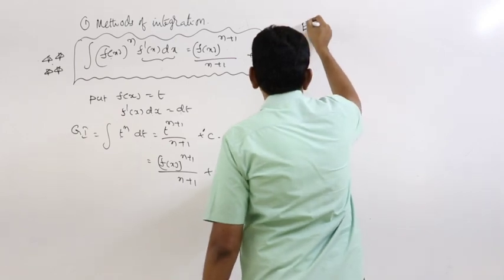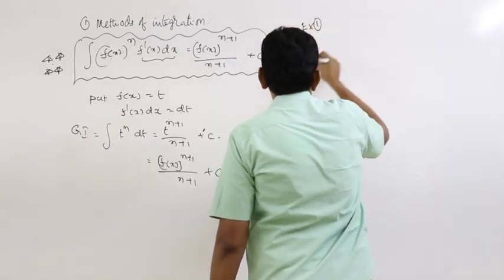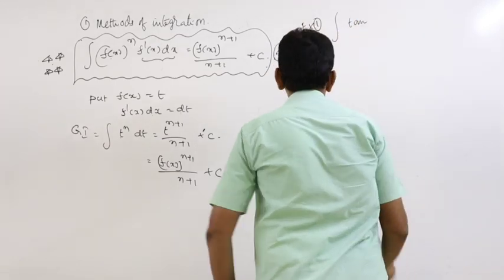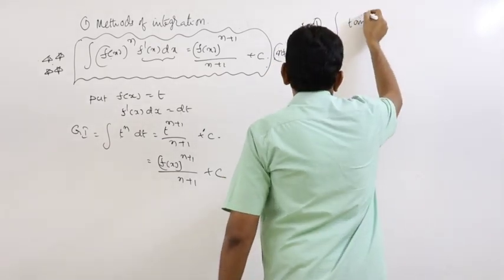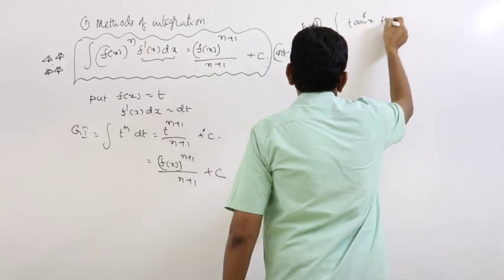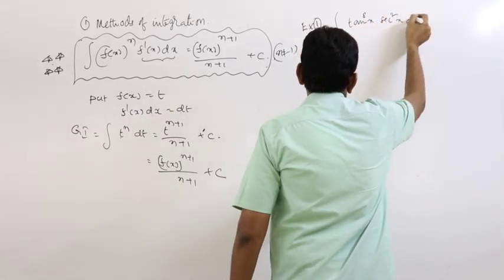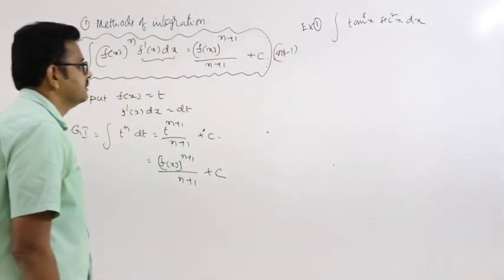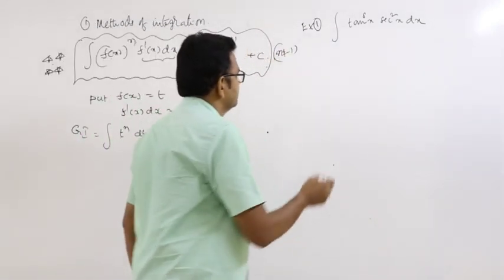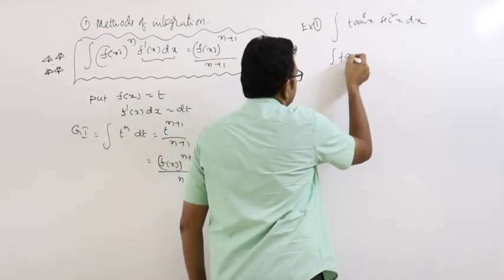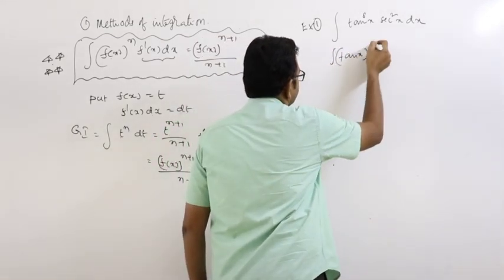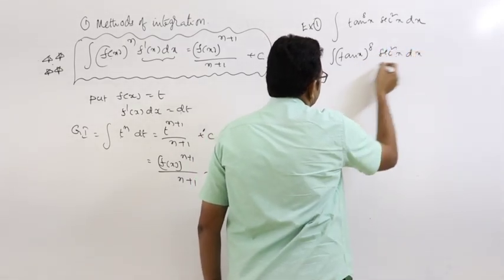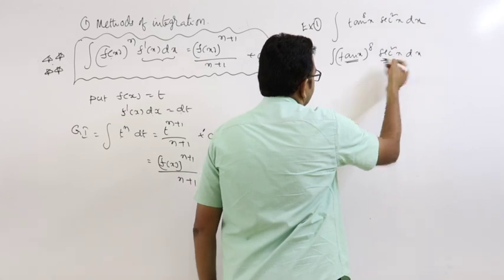Based on this, an example. Integral of tan power 8x into secant square x dx. This is tan x whole power 8 into secant square x dx. This is f of x, this is f dash x.